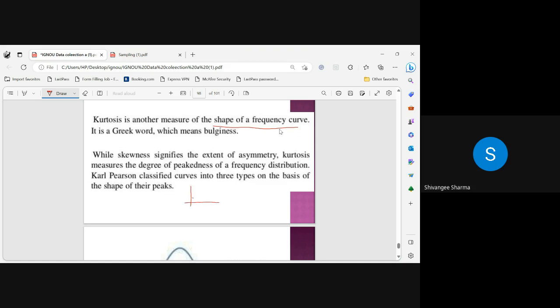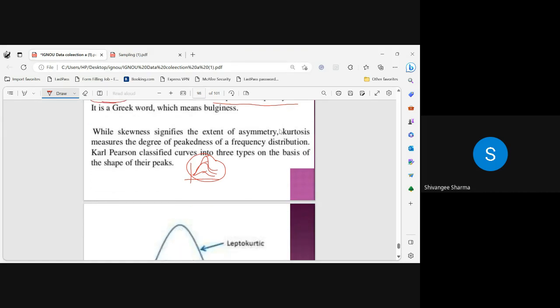I told you that for a normal distribution you generally get a bell-shaped curve, but this bell-shaped curve can be like this also, and can be like this also. So analyzing the peaks, how peaked your data is, is defined under kurtosis. Okay, so let's see the graphs.